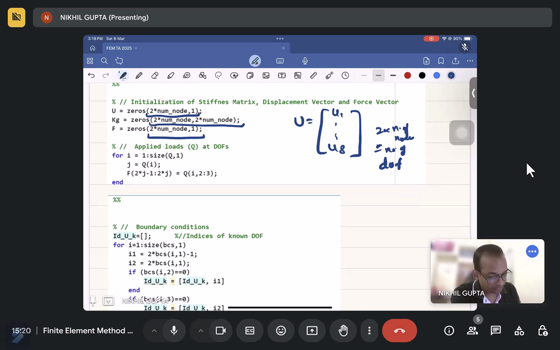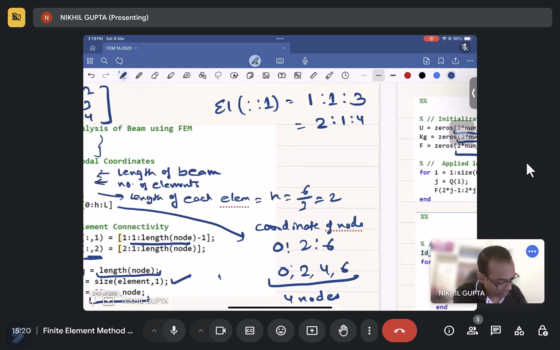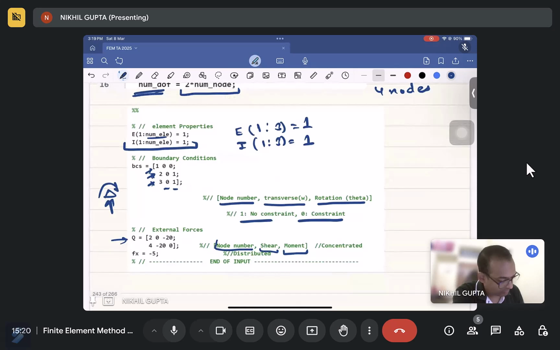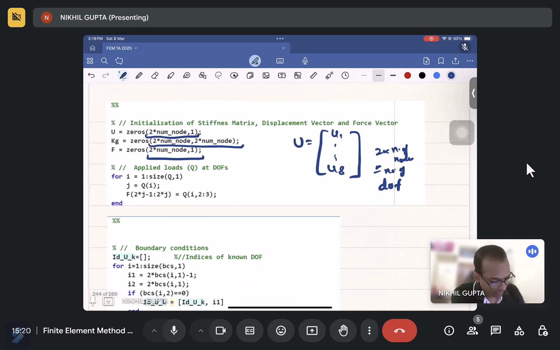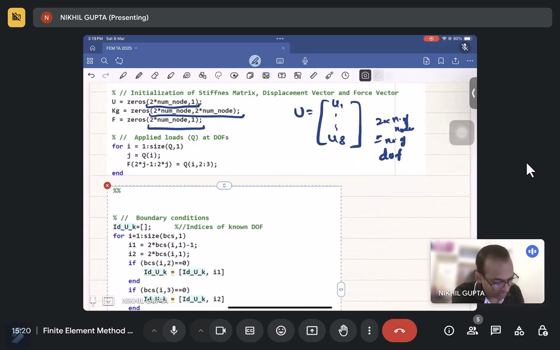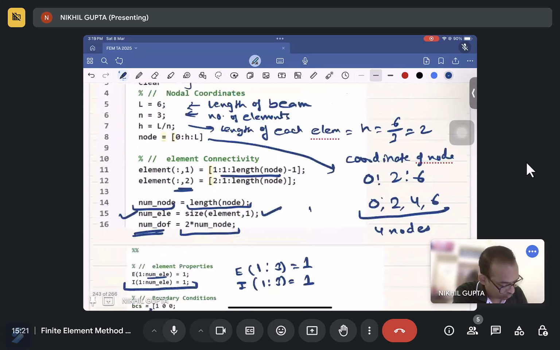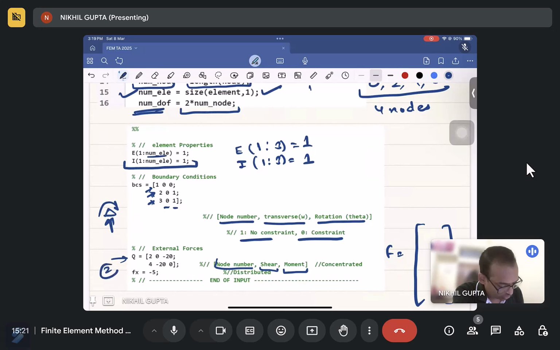Now you have to convert this q, which we have in this form, but we require f as this vector. So how has it been done? We are running this loop for the size of q.